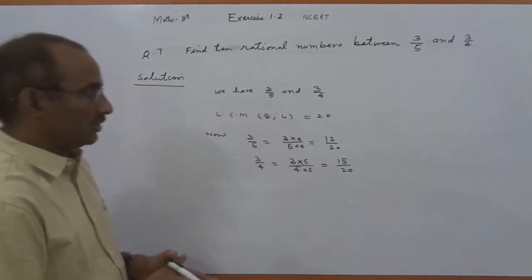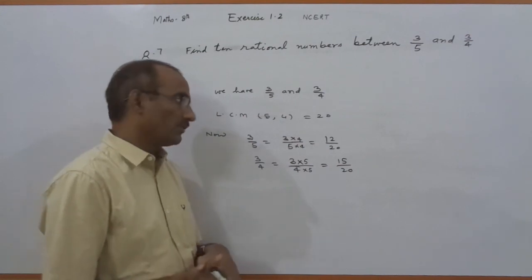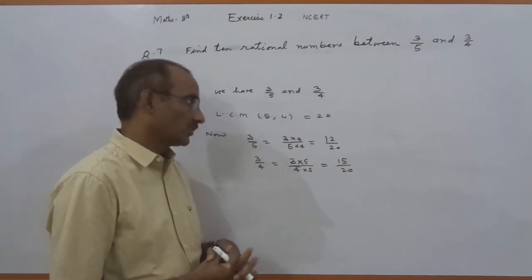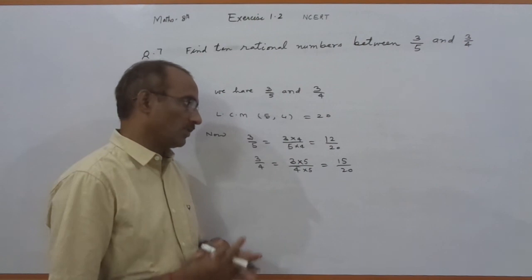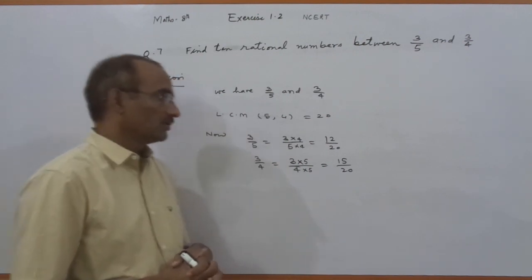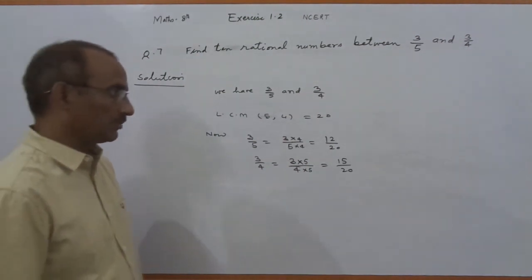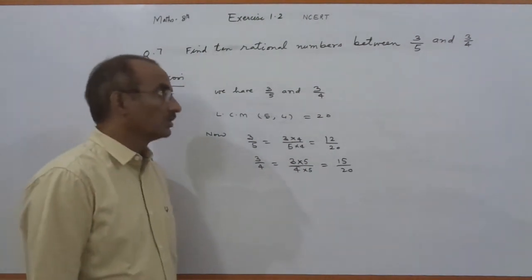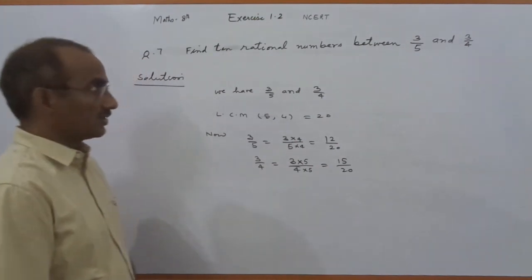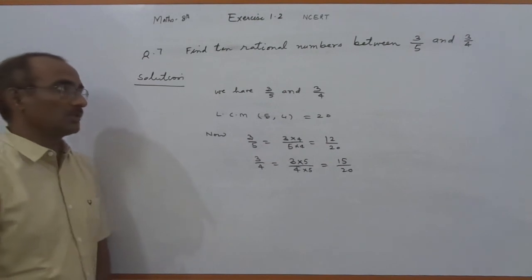Between 12 upon 20 and 15 upon 20, we have only 13 upon 20 and 14 upon 20. But we have to take 10 rational numbers between 3 upon 5 and 3 upon 4.